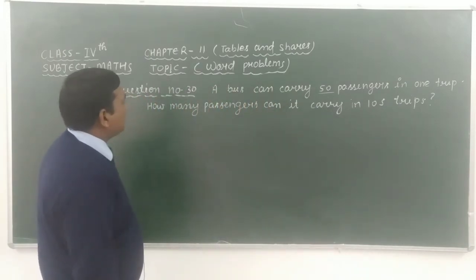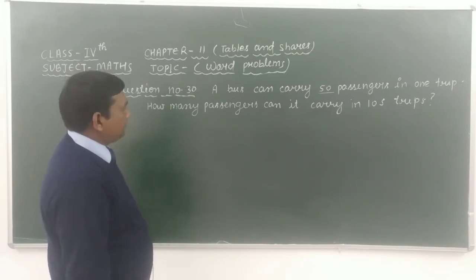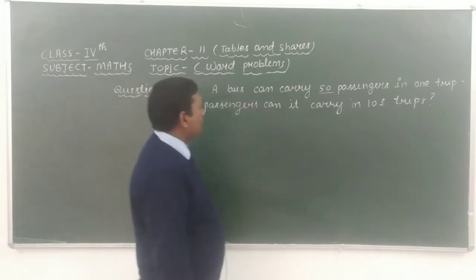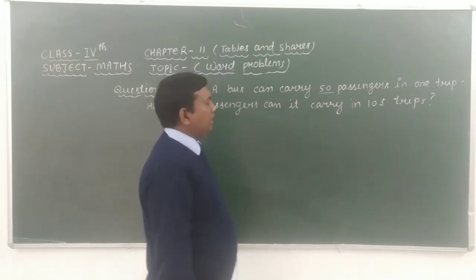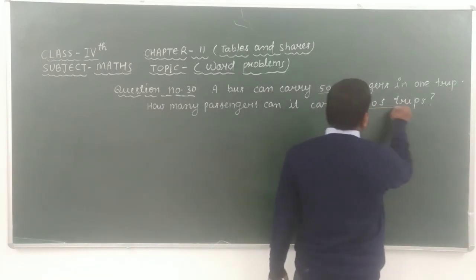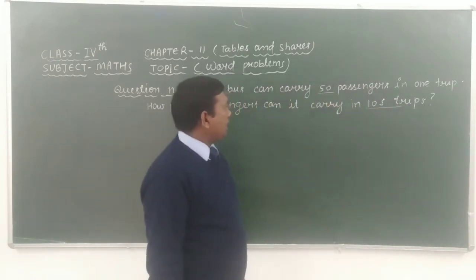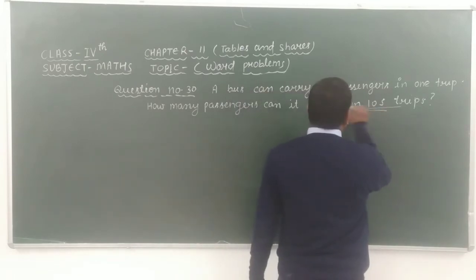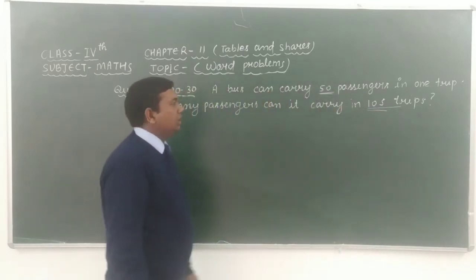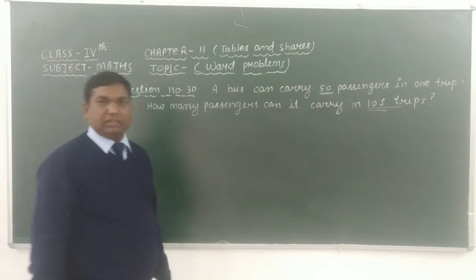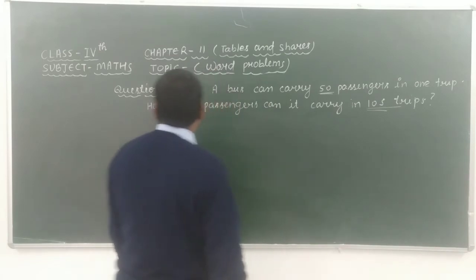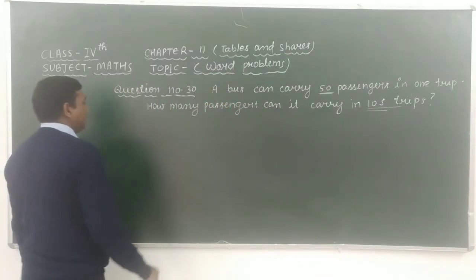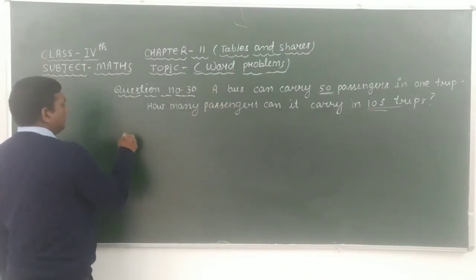Then we find that the total number of passengers carried by a bus in 105 trips is, dear students, if we take the multiplication of 105 by 50, then we get the total number of passengers carried by bus in 105 trips. Now let's start the solution of question number 30.